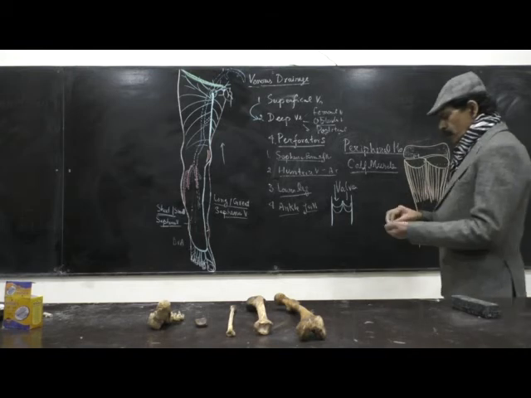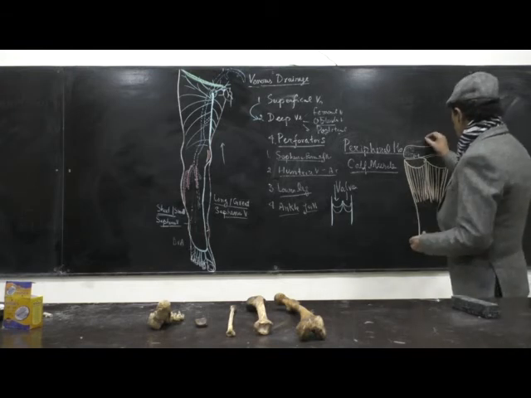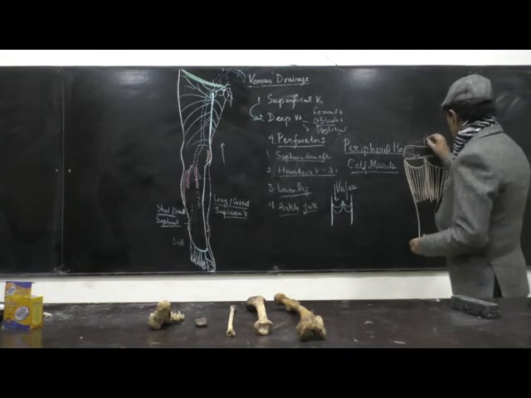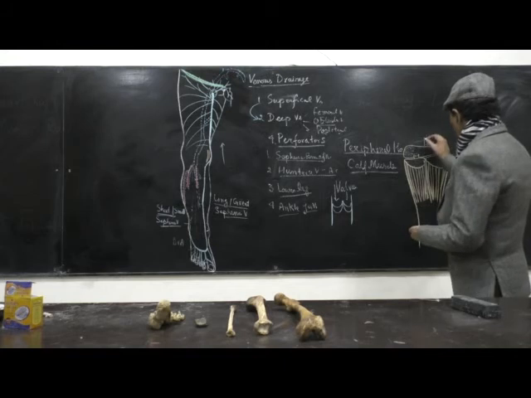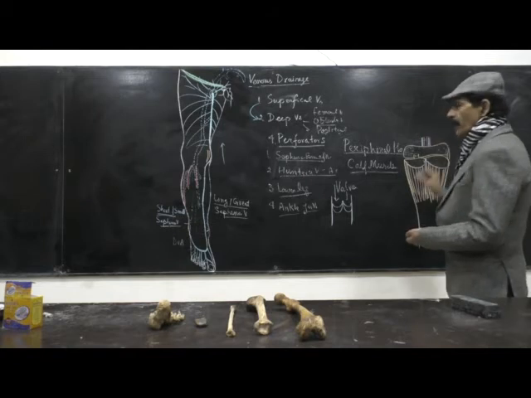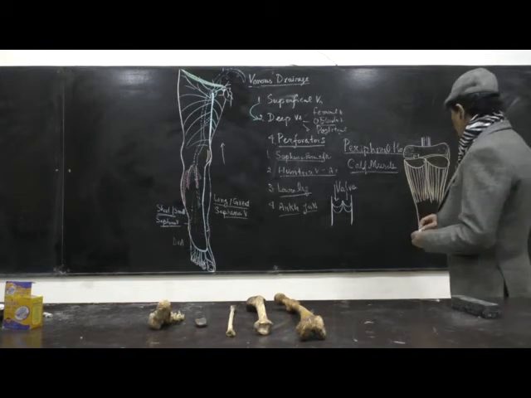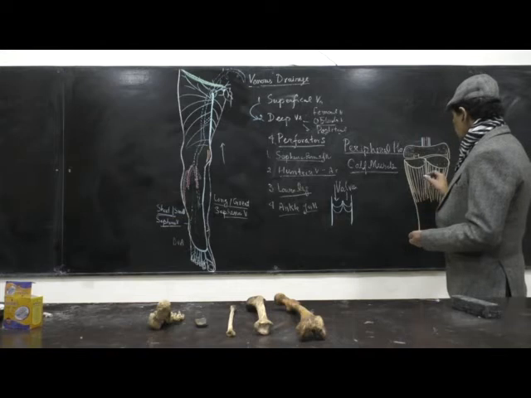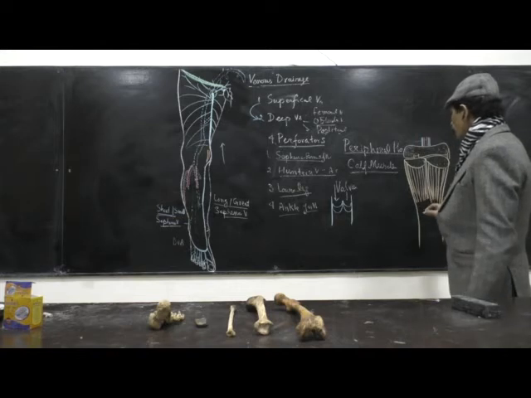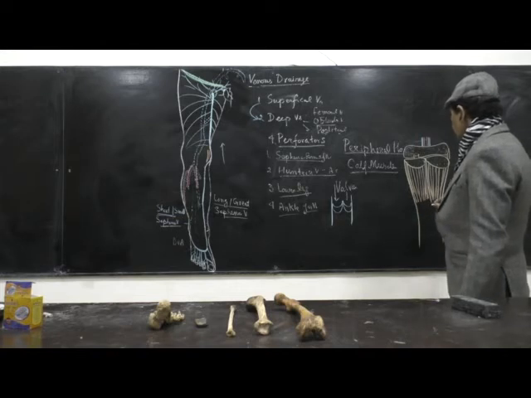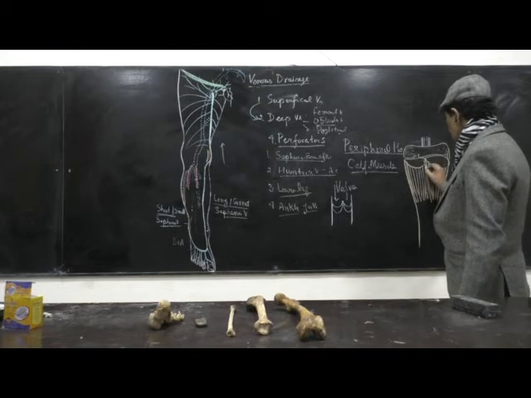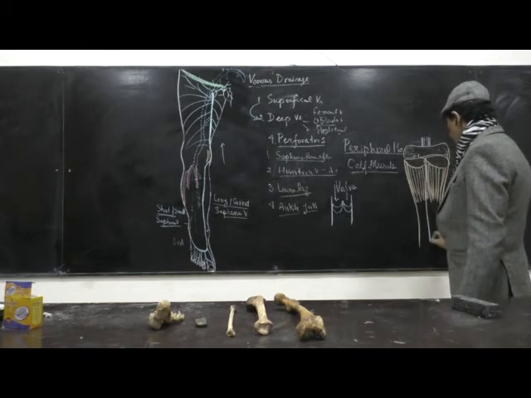Deep to the soleus, there lies the posterior tibial artery, accompanied by the vena comitans, which are the deep veins in the leg. And the superficial vein in the calf is the short saphenous vein.